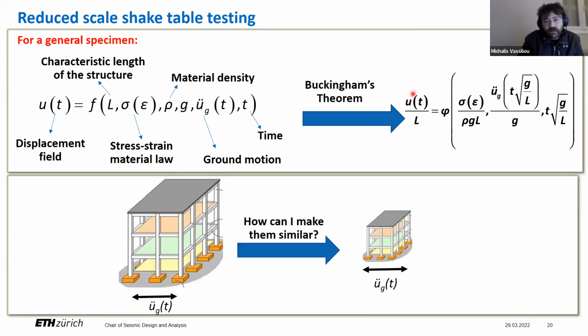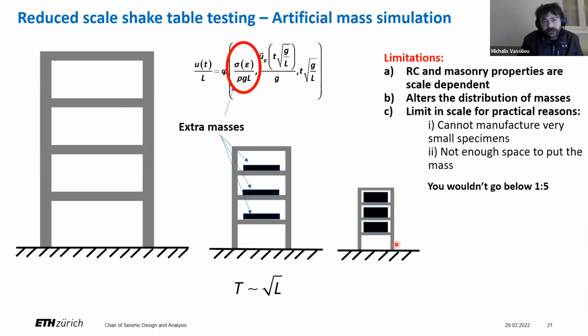Applying Buckingham's theorem, in order for the small and the big thing to be similar, you need all these three terms in the model and prototype scale to be the same. So how can I preserve these terms, preserve similitude when I scale down? The standard thing that they do in structural engineering is called artificial mass simulation.